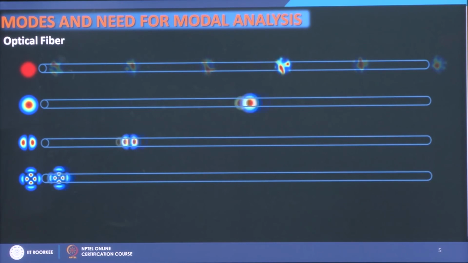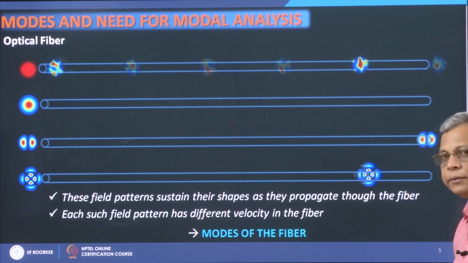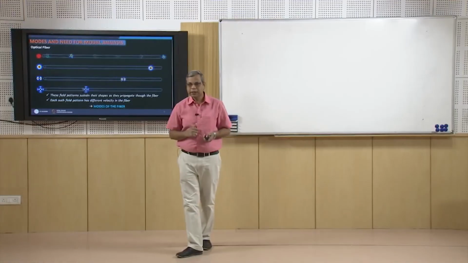So what I see is that there are certain intensity patterns and corresponding amplitude patterns which are sustained when they propagate through the fiber. Their shapes do not change.